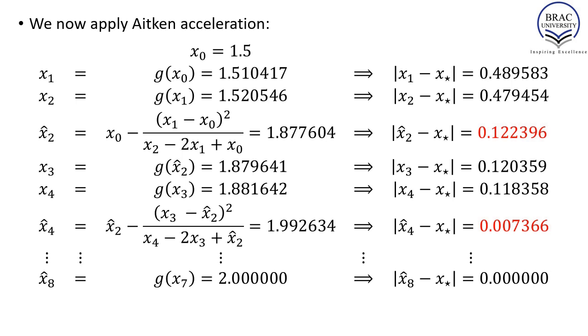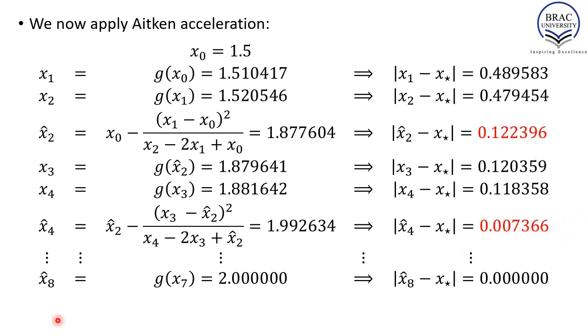Now in the next iteration, we use this value of x2 hat here and compute x3. That means x3 will be g of x2 hat. That is our new x2. And we compute x3 and x4. Now we accelerate x4, which gives x4 hat. We get a new error value, which is 0.007366.